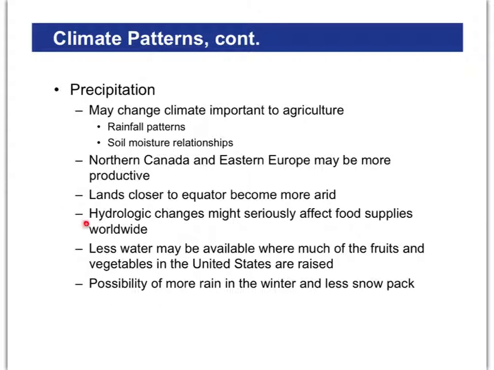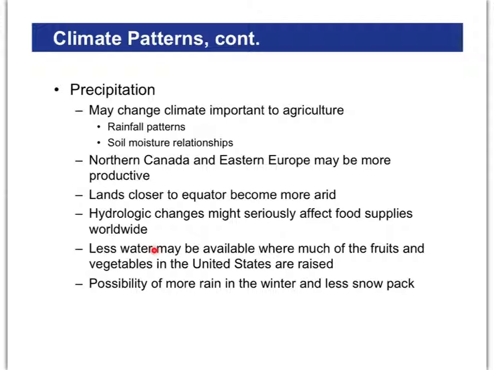All right, not only would agriculture be affected, but also just the availability of water. All right, so hydrologic changes. That means the ability to have water, whether to grow food or to produce food, could possibly affect food supplies worldwide. I mentioned less water already for fruits and vegetables, of course, and also water just to drink.